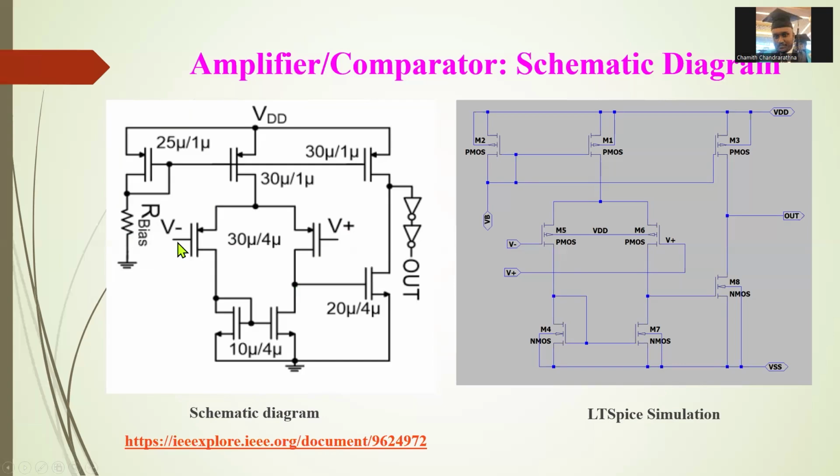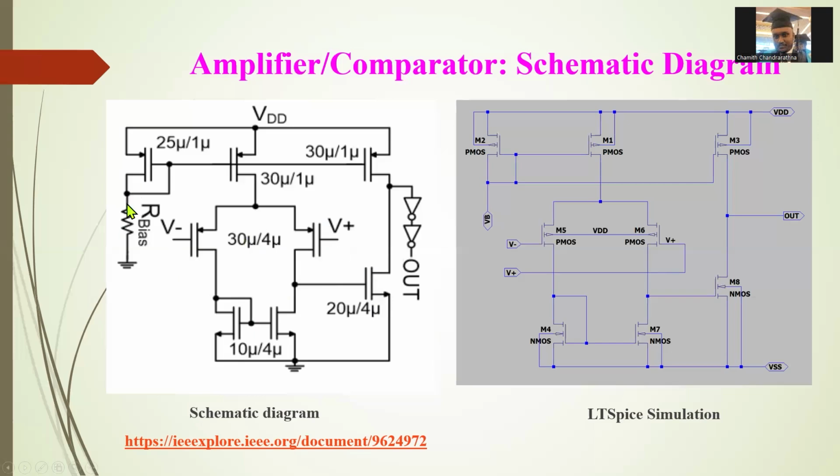And also, this amplifier consists of PMOS differential pairs. The advantage of a PMOS differential input pair is that this amplifier can amplify relatively small voltages compared to a similar amplifier having NMOS differential pairs. Okay, see, PMOS differential pairs.